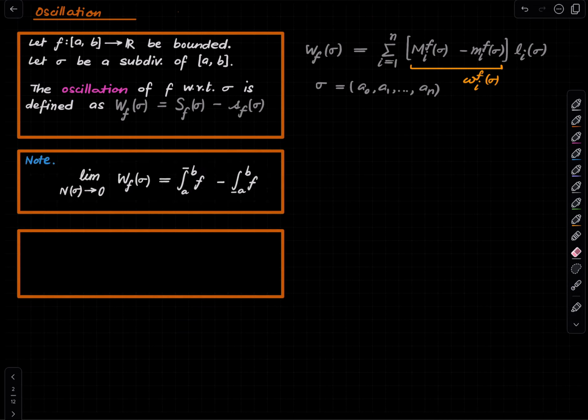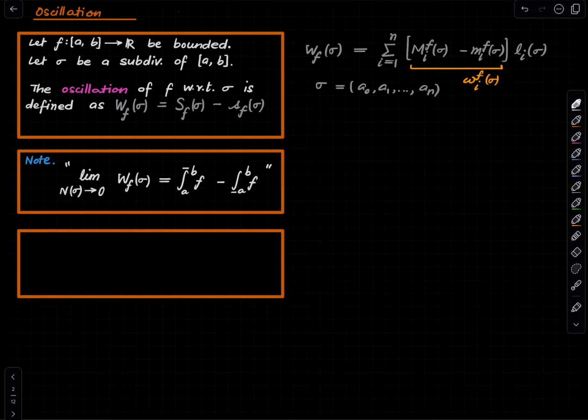And Darboux's theorem immediately says that the limit of the oscillations as you vary the subdivision, in fact vary so that the norms of the subdivisions go to 0, this limit exists and is equal to that. Again, this is an informal statement, because what does it even mean to say taking limit over some subdivisions?